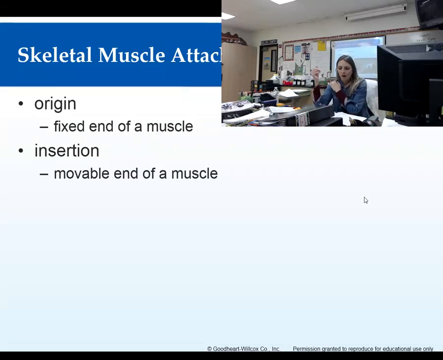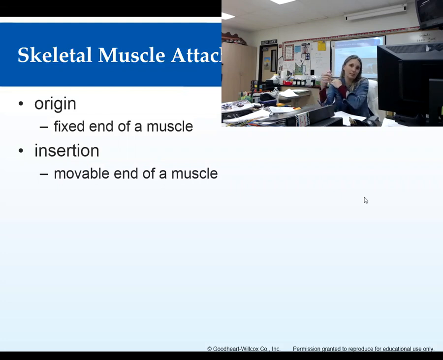But the insertion point is the radius. Your radius, remember, is on your thumb side, so it's down here. When I flex my bicep, my forearm, my radius is what moves. So that's how I know that that's the insertion, and the origin is up here.